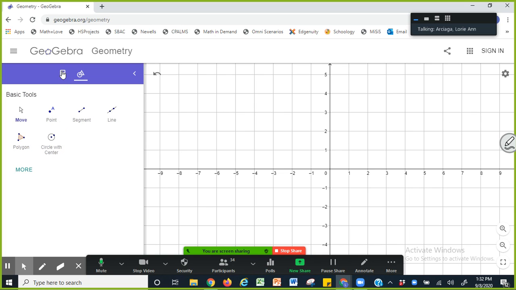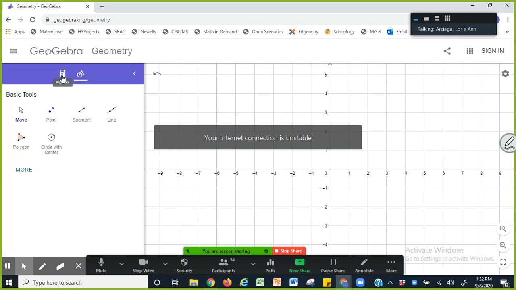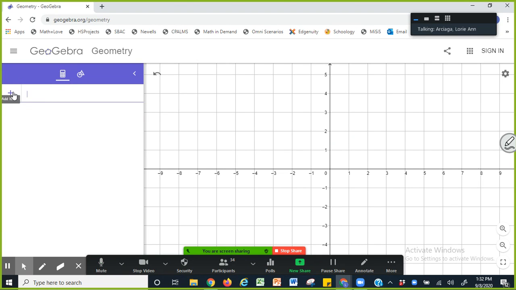Okay, so you can plot the point by clicking on this icon here or do it manually. I'm going to enter the coordinates. It's -2, 3.